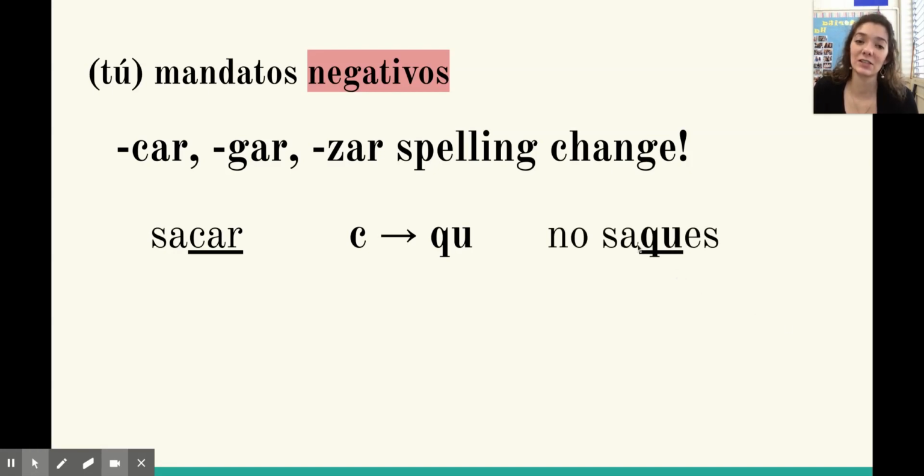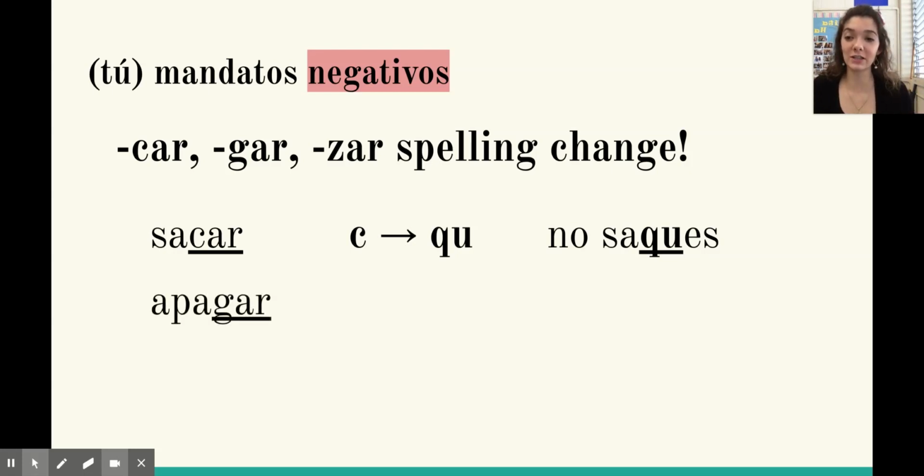I have to say saques with the QU. Because in the yo form, saco, I would take away the O and replace it with the ES, but that says sases. I don't want sases. I want that K sound. In order to keep the K sound, we must change that C to a QU. Oh, look familiar? I hope so. Hopefully it looks like those preterite irregulars, right?